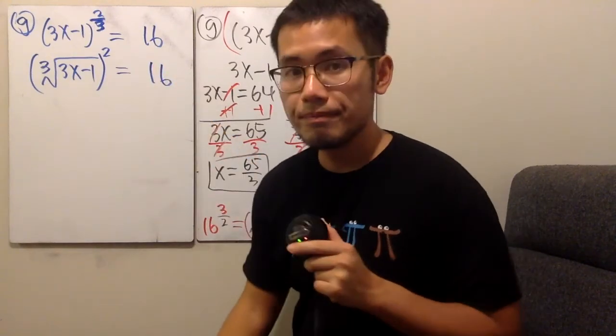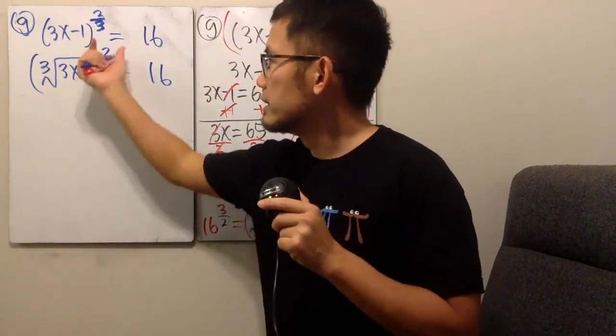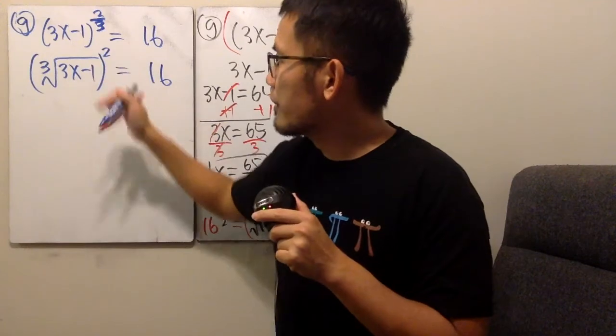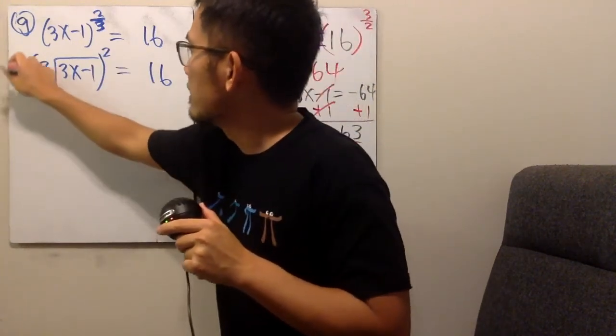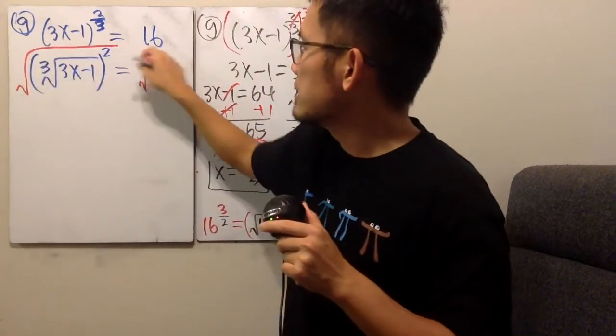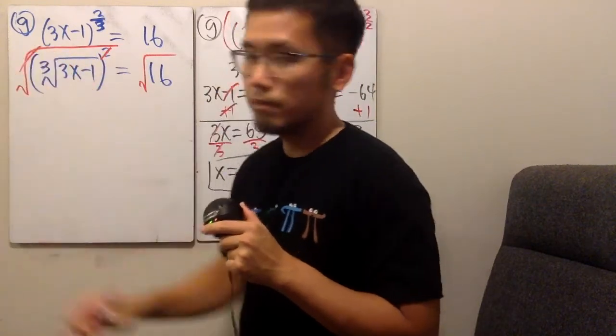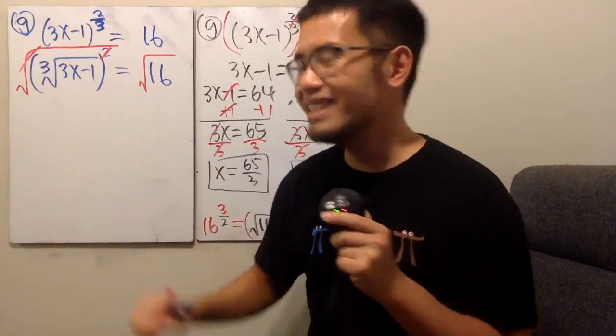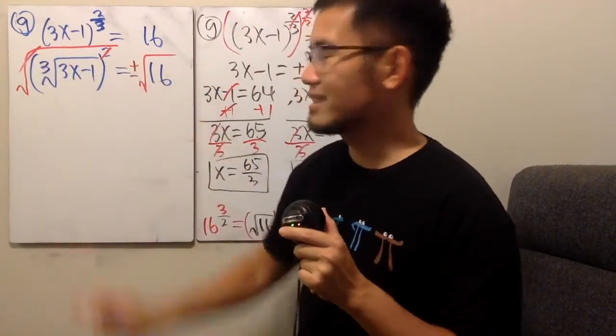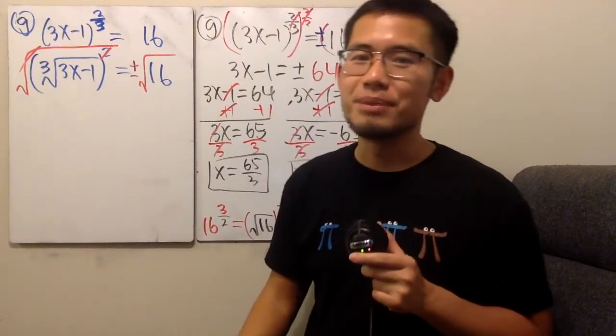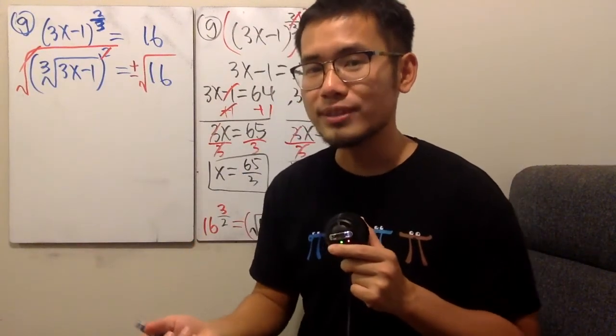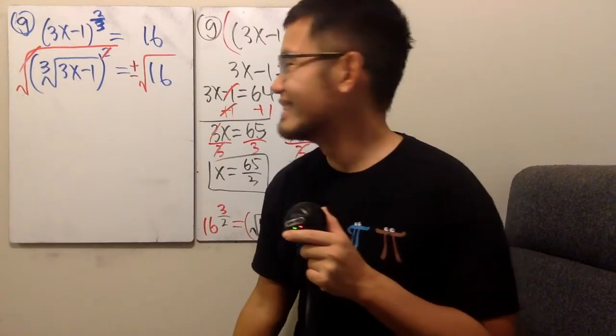Now, if you look at this to the second power, to get rid of this power, you can just take the square root on both sides. So that this and that will cancel. Very good. And now you see, we have to put the plus minus. We have discussed this before, right? When you take the square root on both sides, put down the plus or minus.